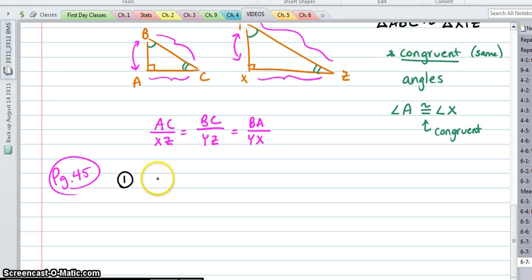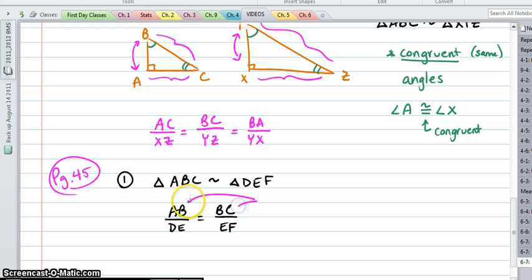So looking at triangle ABC and knowing that it is similar to triangle DEF, let's go ahead and see what we have. Well, I know side AB corresponds to side DE. I also know that side BC corresponds with side EF. Now I'm using letters here on purpose.